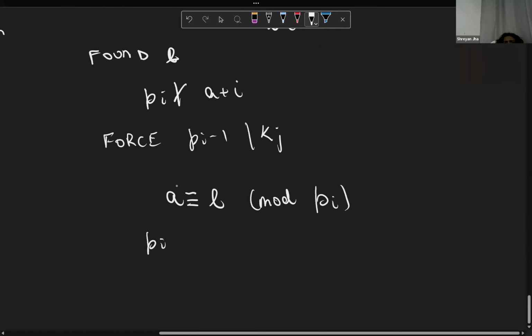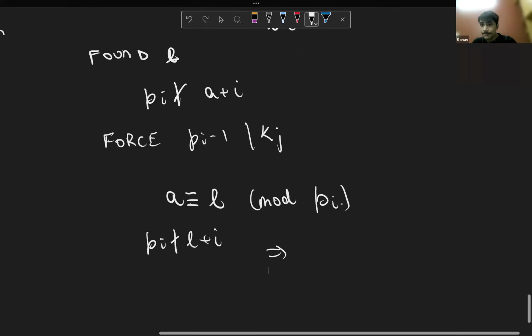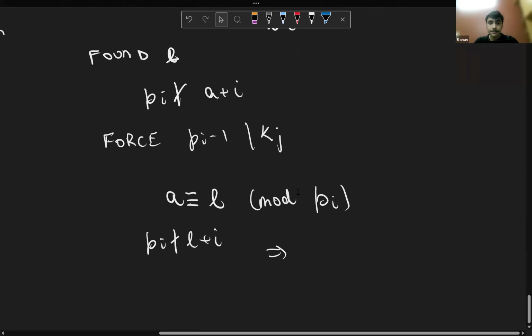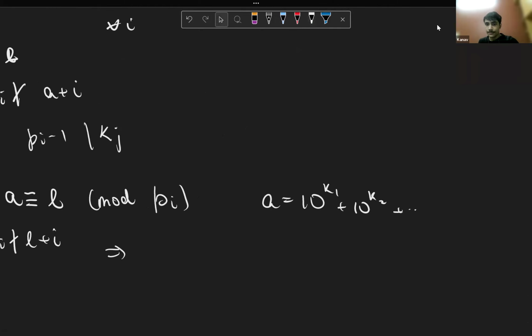Now you want to ensure Pi does not divide L plus i. Someone asked how we got A congruent to L mod Pi. I'll repeat that. My A was 10 to the K1 plus 10 to the K2 plus so on till 10 to the KL.